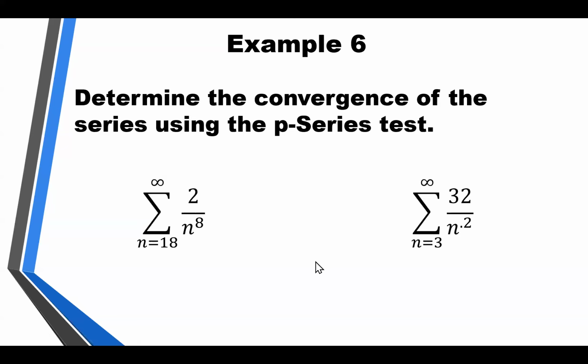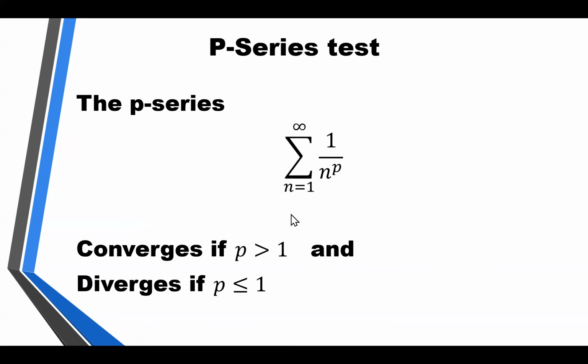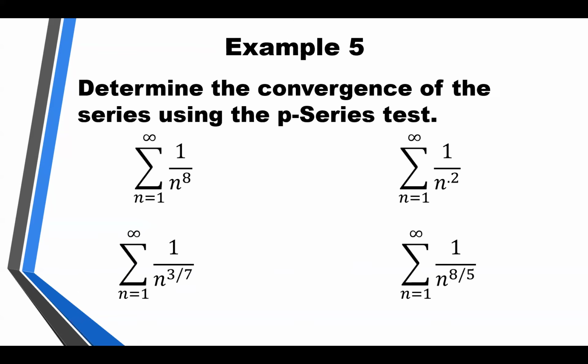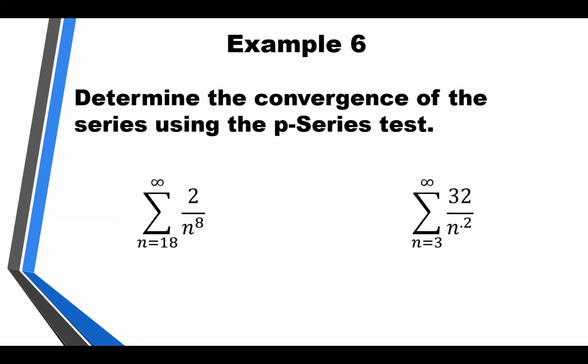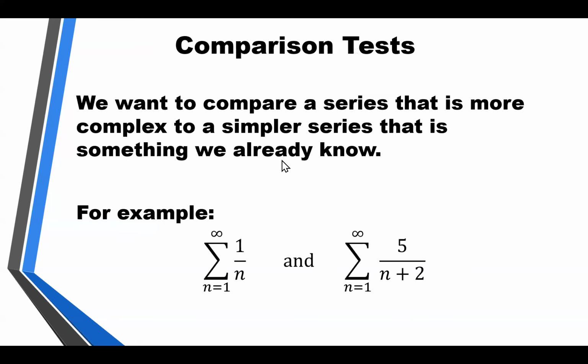Now, what we were doing with these two is really using just logical deduction and comparing these to the p-series tests that we know. Well, we can also make comparisons in more complex ways.